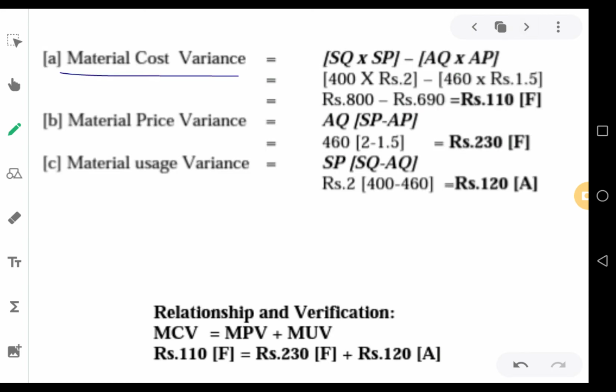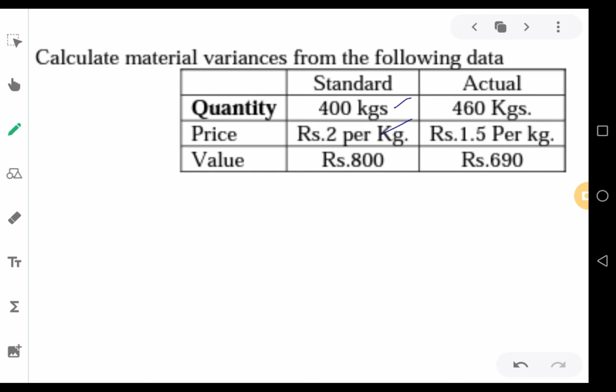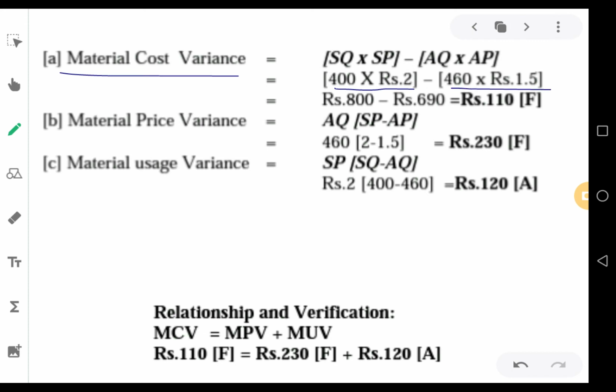Therefore 400 into 2. In the same manner, actual quantity and actual price are also given, 460 kgs at 1.5 per kg, therefore 460 into 1.5. So when you solve that, standard cost comes to 800 rupees and actual cost comes to 690. So 800 minus 690 is rupees 110 positive, that is favorable variance.